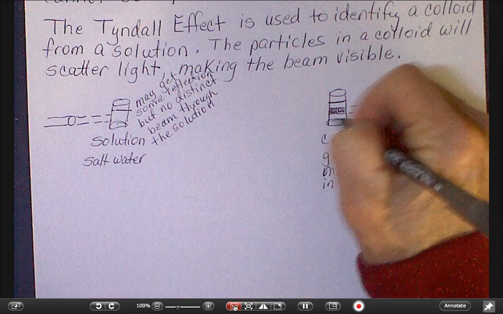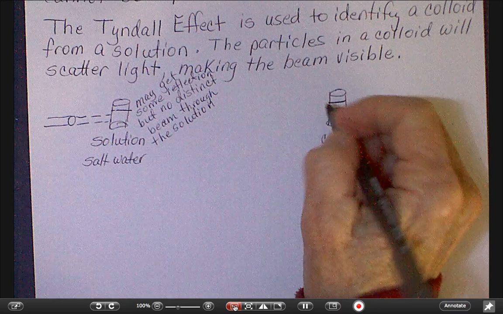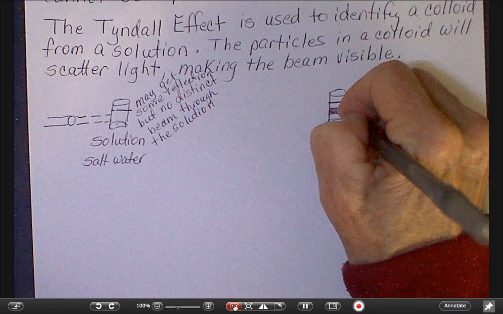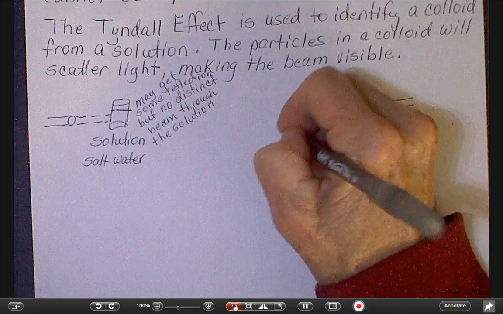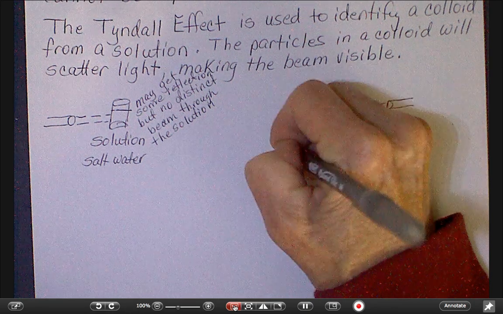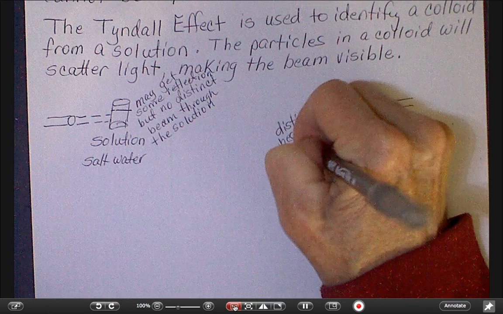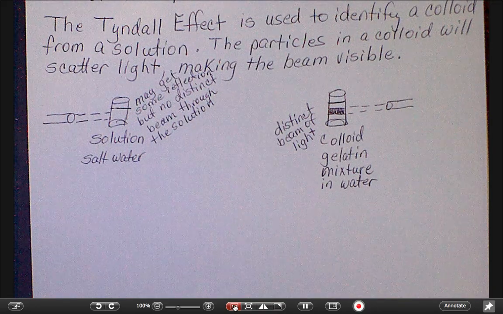And my clear solution will be out here. Okay? So you have a very distinct beam of light cutting across through the solution.